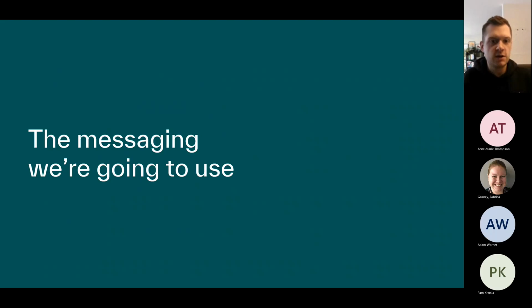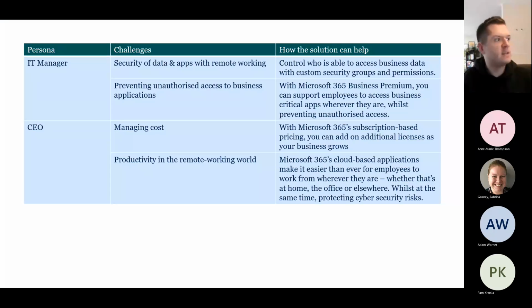So in terms of the messaging we're going to use, we've split it out here in terms of 2 personas. So there are multiple personas that we might use throughout this campaign activity. We've purely chosen 2 and chosen some of the challenges that we know or that we assume these people face. So IT manager, we focus here on security and unauthorized access, so very security focused.